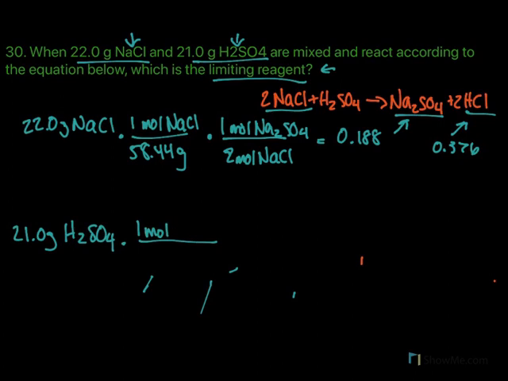Again, we'll use our molar mass, which is 98.1 grams. Then we'll use our molar ratio. So we've got 1 mole of sulfuric acid for every 1 mole of sodium sulfate.